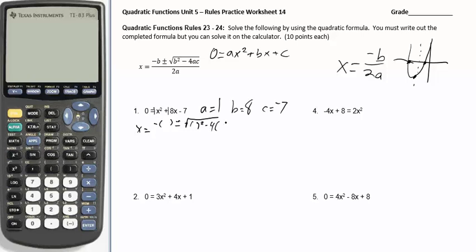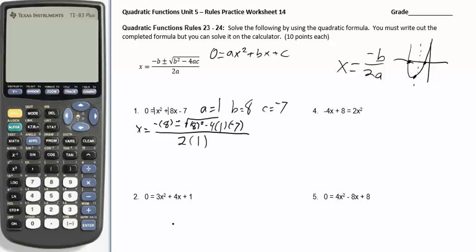I may end up a little too small here. And then fill in all the parentheses. So this one is b. So b is 8. This is also b from the formula, b squared minus 4 times a times c all over 2 times a.